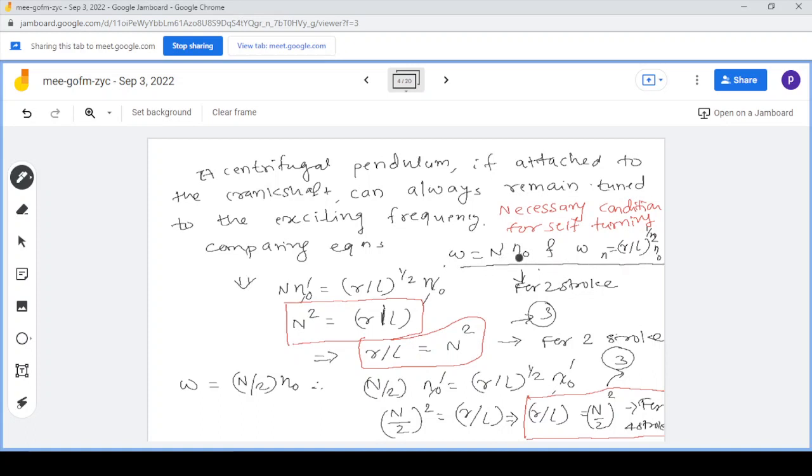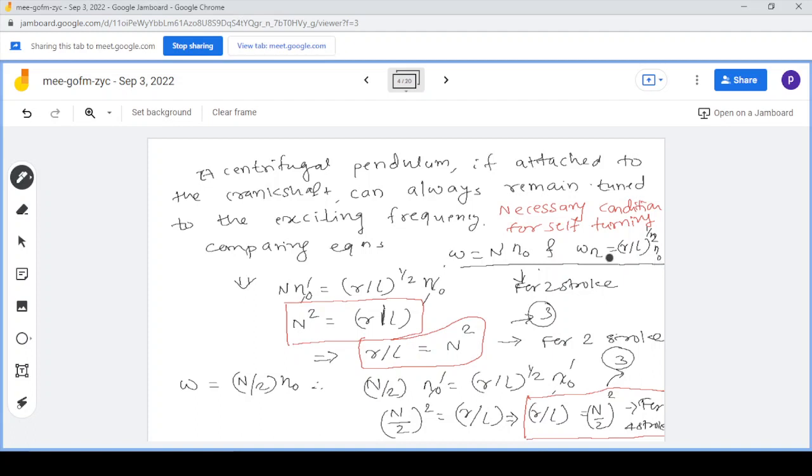Omega is equal to n into n0, and we can write omega n is equal to the square root of r by l times n0.